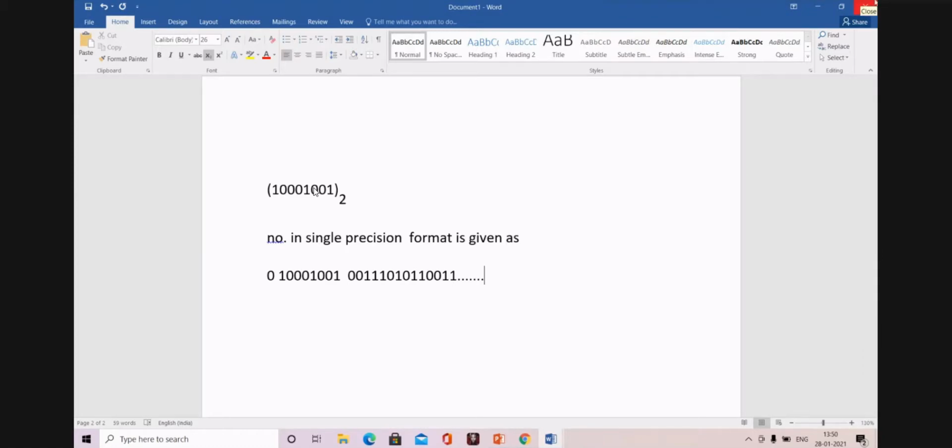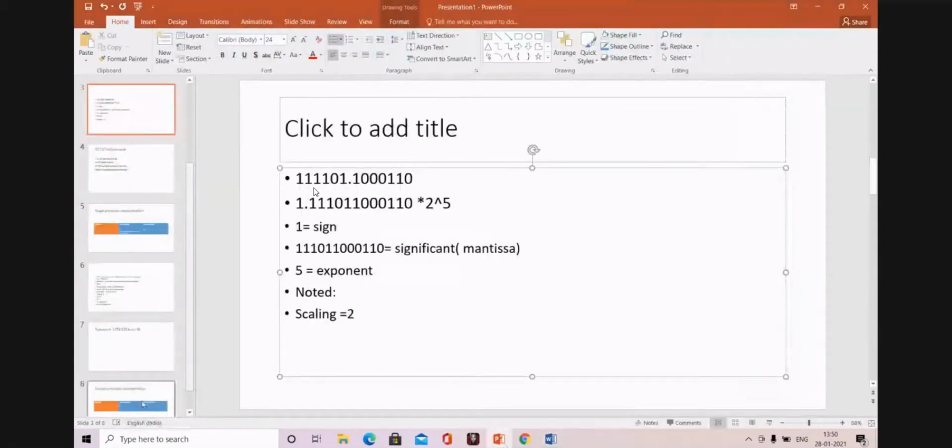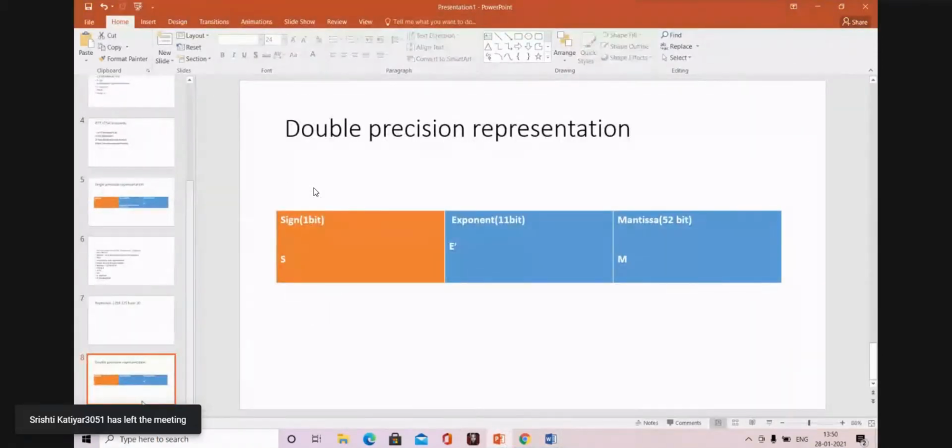And then one more thing, we still have time now. Yes, we can continue with the double precision format. Now coming back to the double precision format. I have made a mistake here.